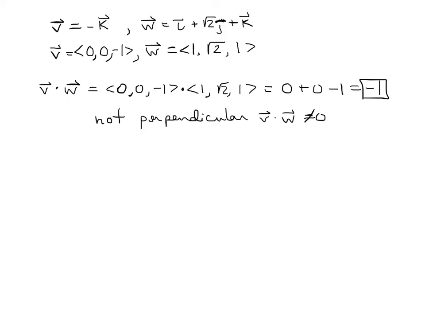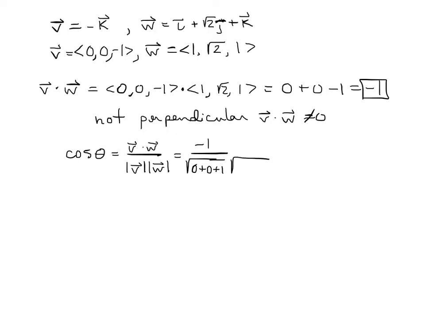It's not going to be 90 degrees, but we could find the cosine of the angle is V dot W over the magnitude of V times the magnitude of W. And we just found that the dot product was -1. The magnitude of V is the square root of 0 squared plus 0 squared plus -1 squared. And the magnitude of W is the square root of 1 squared plus root 2 squared, which is 2, plus 1 squared, which is 1.